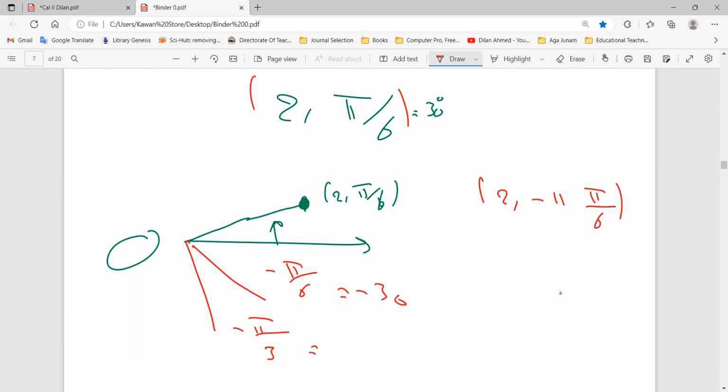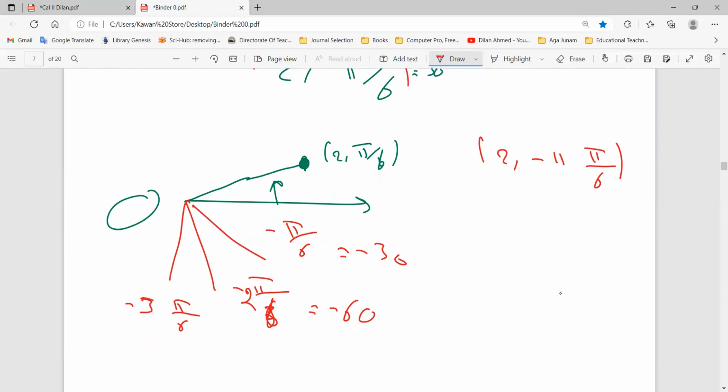After that one, if I multiply by 2, I'll get what? Let me say 2 pi over 6, to understand. I'll get minus 60. Another 3 pi over 6, I'll get what? Minus 90, right? Okay. Till here, I'll get what? 6 multiplied by pi over 6. Am I right? Minus pi.